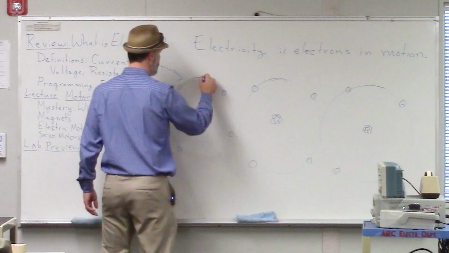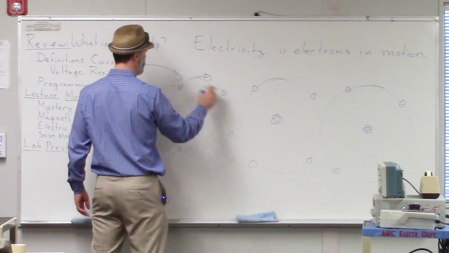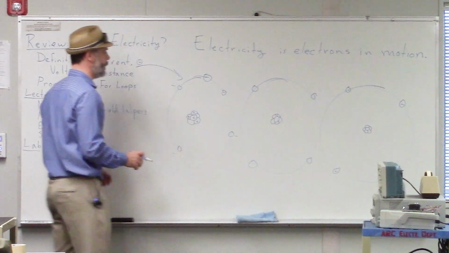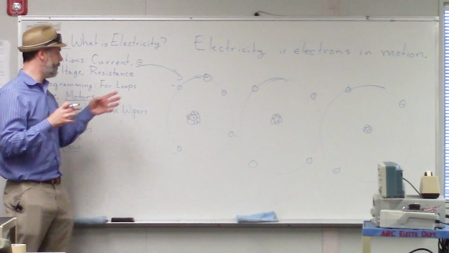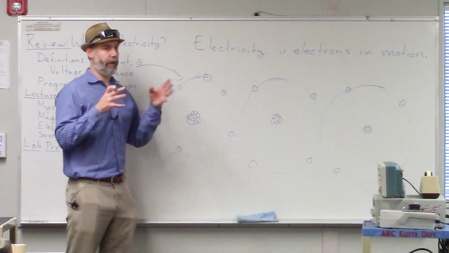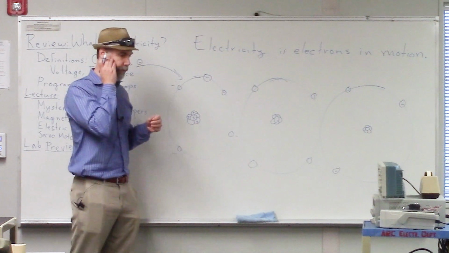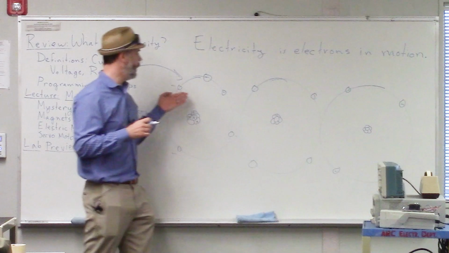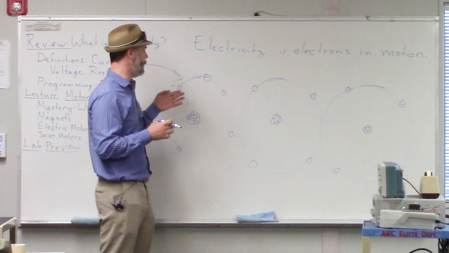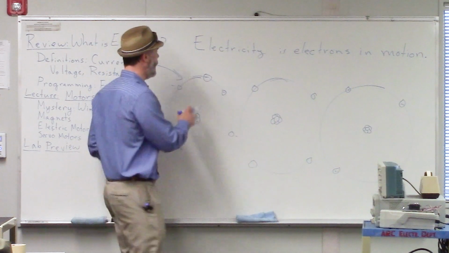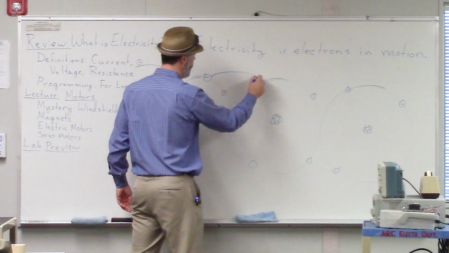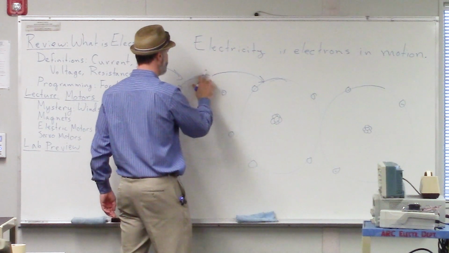When you do that, you end up with an extra electron orbiting this nucleus, and now you have too many electric charges. The negative charges in this outer shell aren't stable, so they tend to push each other away. Oftentimes when you have extra electrons close to each other, they push each other away, and the electron ends up jumping from one atom to its next door neighbor.